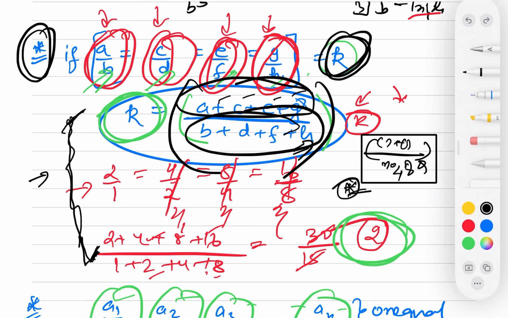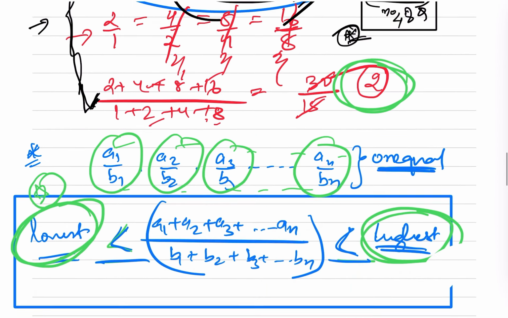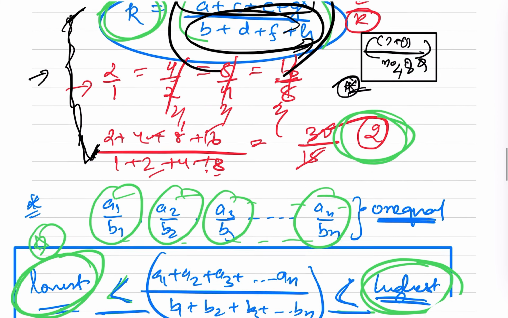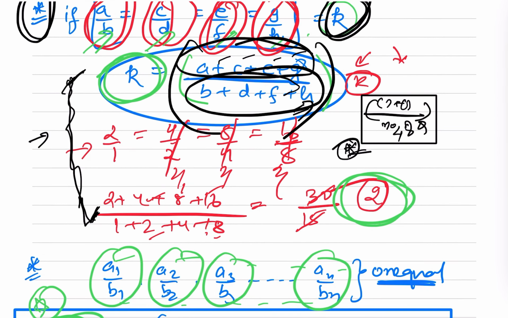So this is what I was asking. Then we have also discussed this inequality. So this was for the equality. If we have a by b equal to c by d equal to e by f equal to g by h, in that case I told you that this is a normal question or a normal analogy where we get this kind of relation.